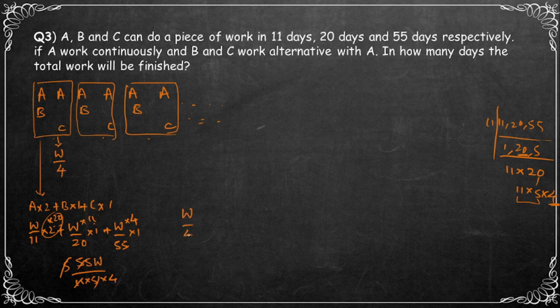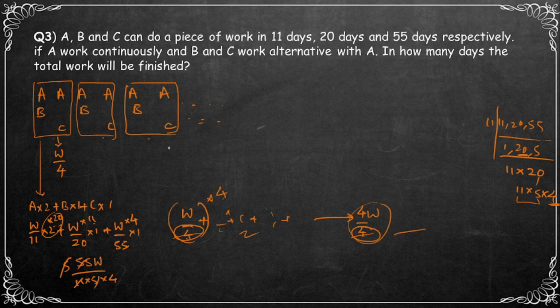So now we have to repeat this, meaning we have to add and get the total work done, right? The total work is W, which we can also write as 4 W by 4. There is a 4 in the denominator, so this pattern should be repeated 4 times: W by 4, W by 4, and so on, in order to get 4 W by 4, which is our goal.